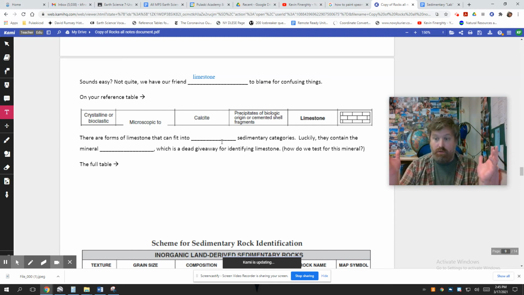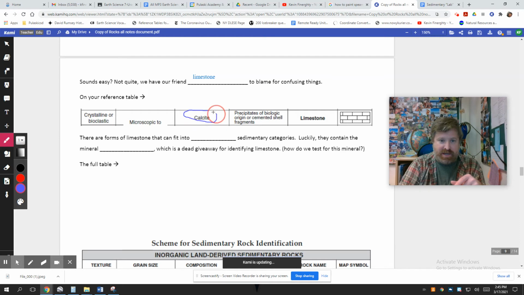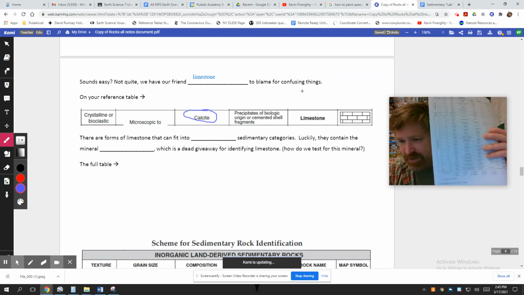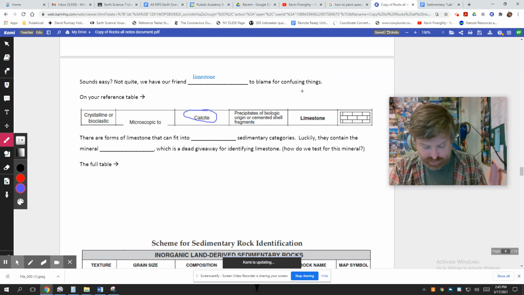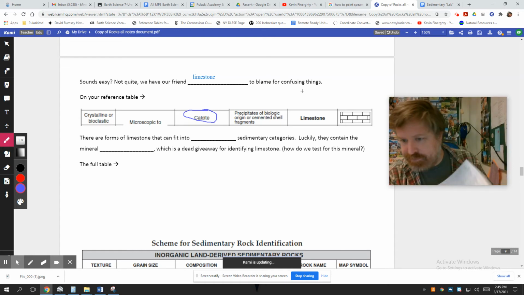So what do we do? The good news, that's the bad news. The good news is in its composition. Its composition is calcite. Now here's where we would have benefited if we did minerals first. We're doing minerals last. On the back of the reference tables is the minerals guide, and on that there is a mineral called calcite. You'll see it eventually.